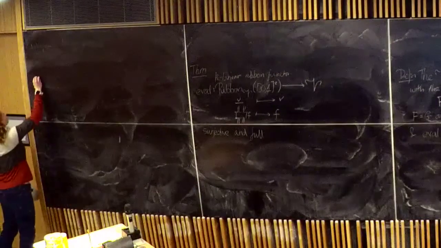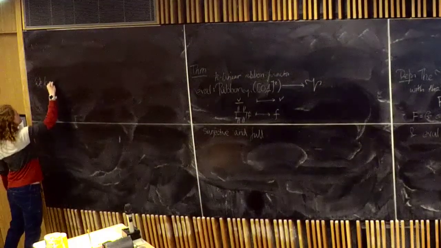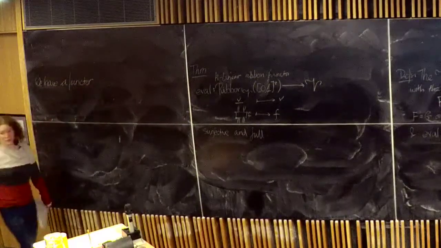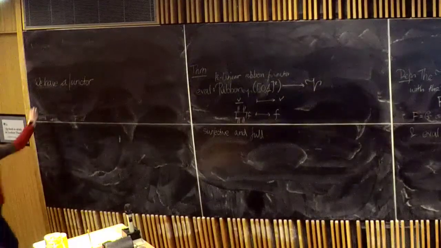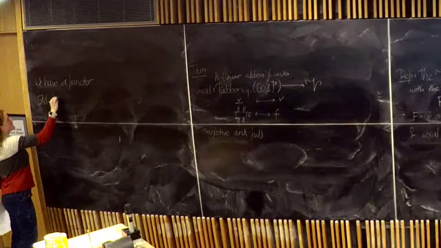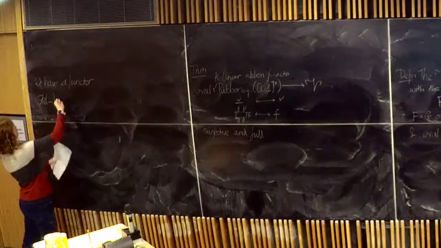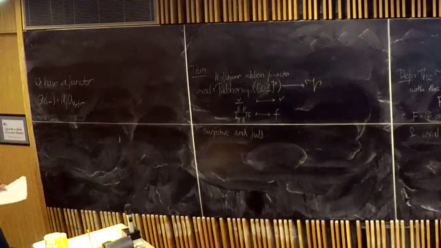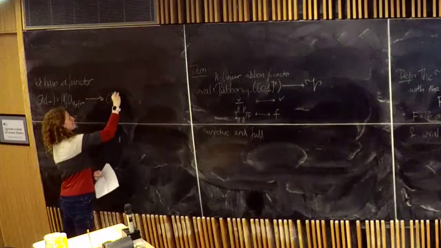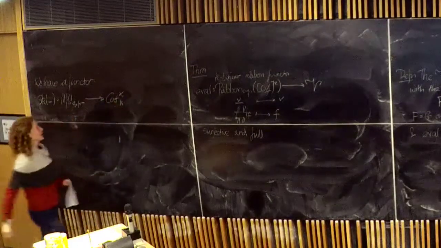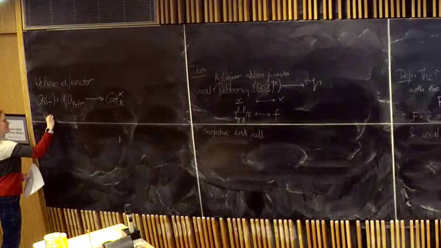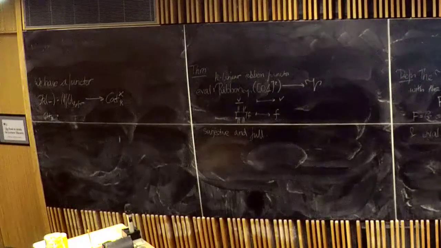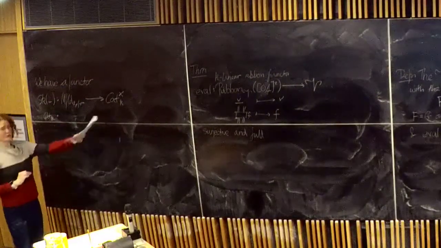The first thing to realize is we have a function, this skein thing, which takes some kind of manifold, which is two-dimensional and framed, and takes it to Cat K. Cat K is essentially the cat which we had this morning, except now everything is K-linear.